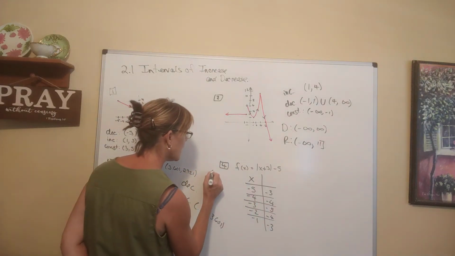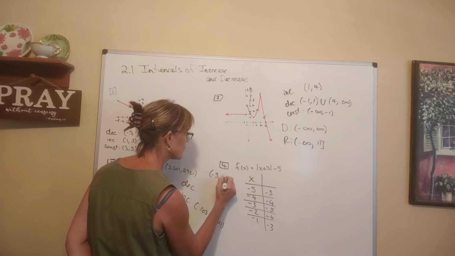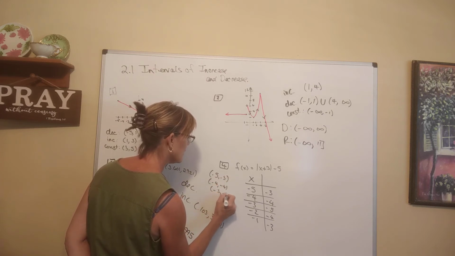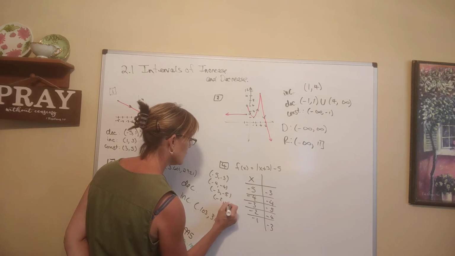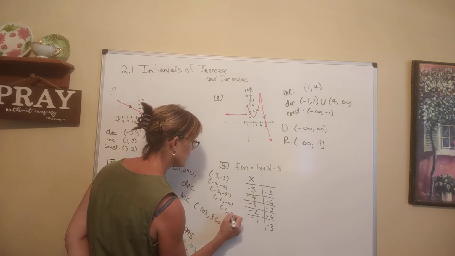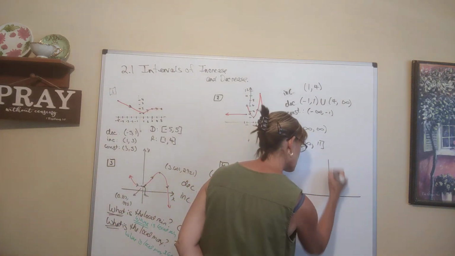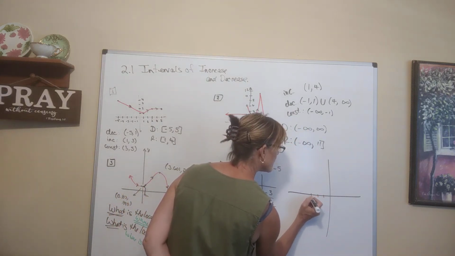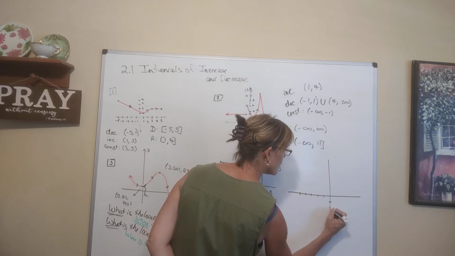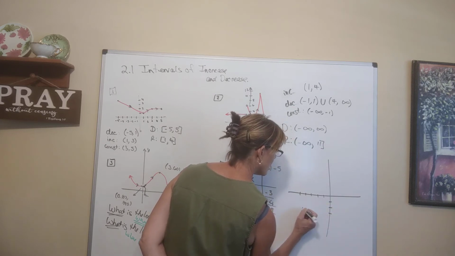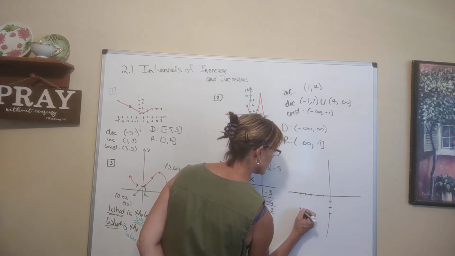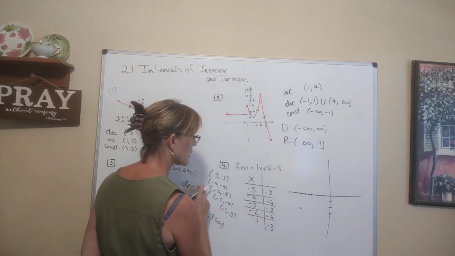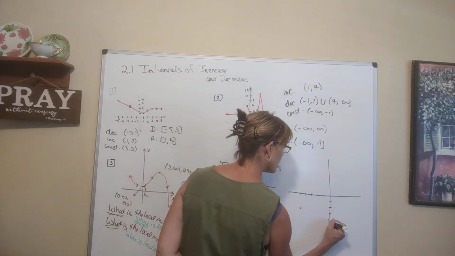These are my points. X is -5, Y is -3. X is -4, Y is -4. X is -3, Y is -5. X is -2, Y is -4. X is -1, Y is -3. Okay, so let us plot this. I'm over here at -5, and I'm down at -3.